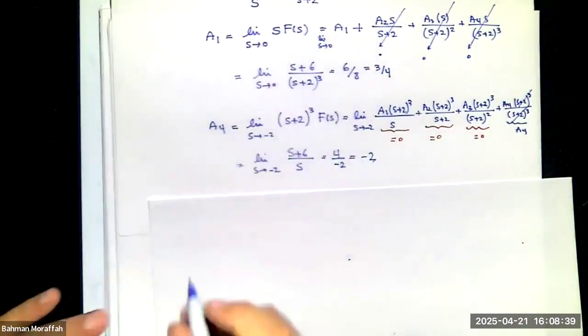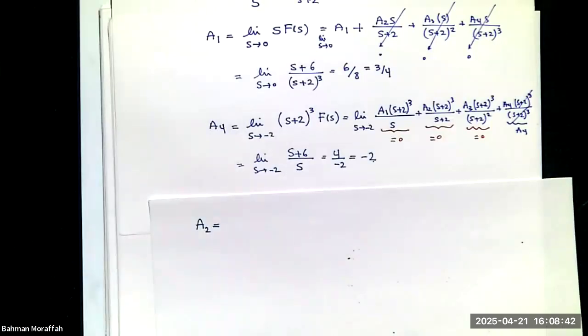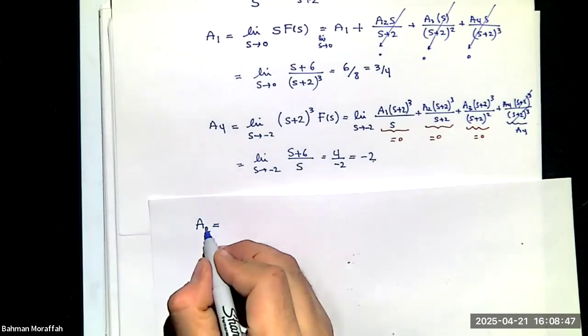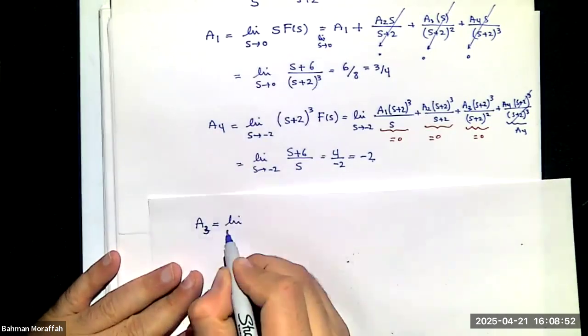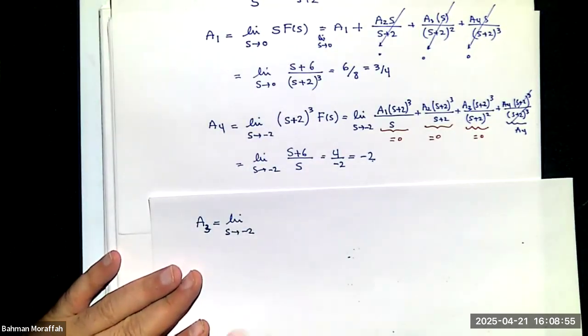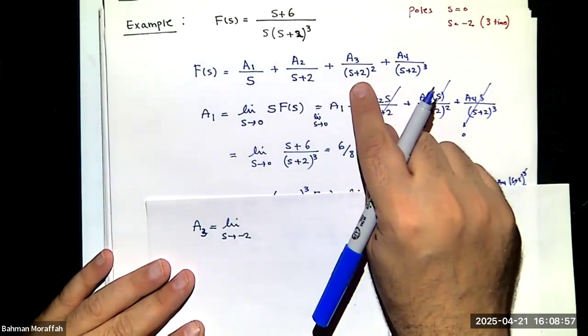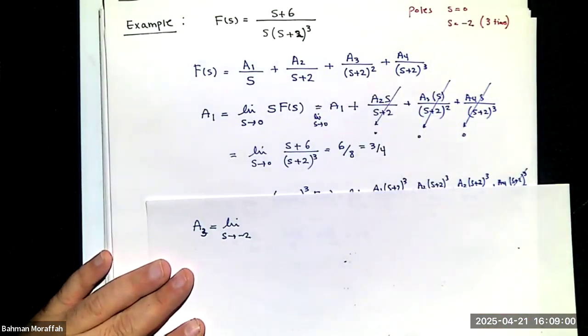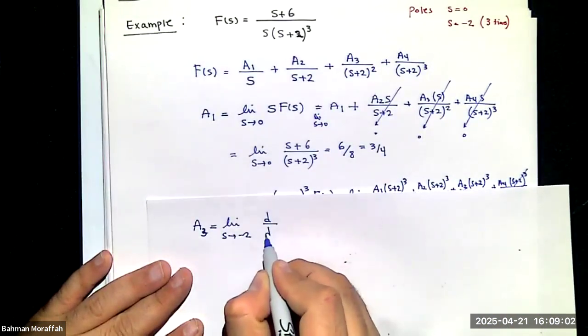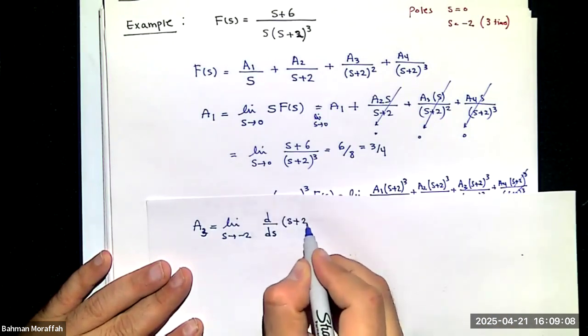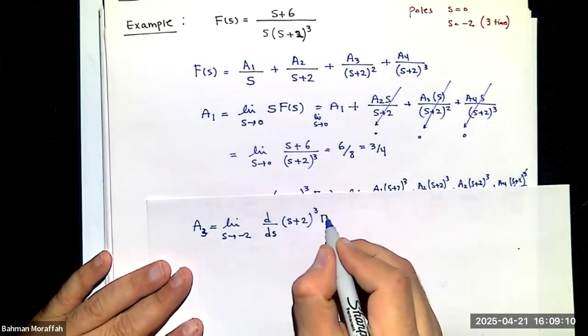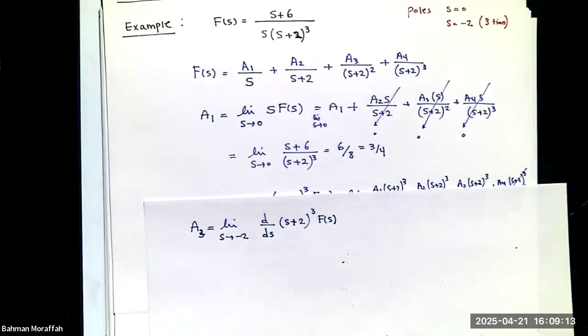So if I look at a2, let's just look at a3 first because that's easier. If I look at a3, it is the limit when s goes to the pole. I'm trying to get rid of this s plus 2 squared. So if I look at the derivative of this s plus 2 cubed f of s, what am I getting?